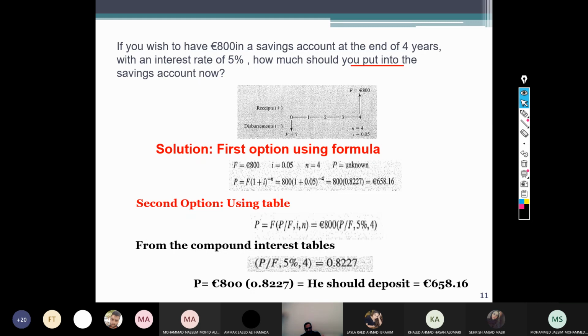You have F? Yes, I have 800. Okay. You have I? Yes, I have. In that case, you put 0.05, because you're dealing with figures. Do you have N? Yes, I have 4. Then you press solve. Again, it's blue. Solve takes a few seconds and then gives you 658.16. Notice how easy.